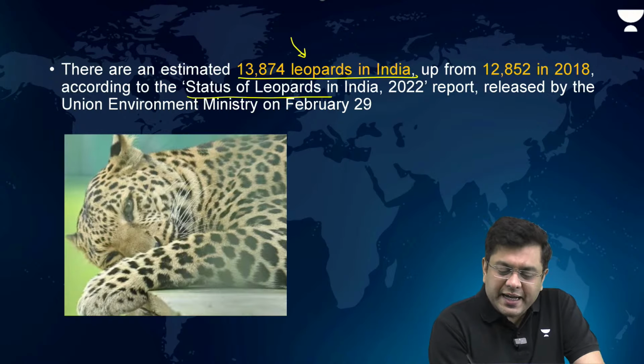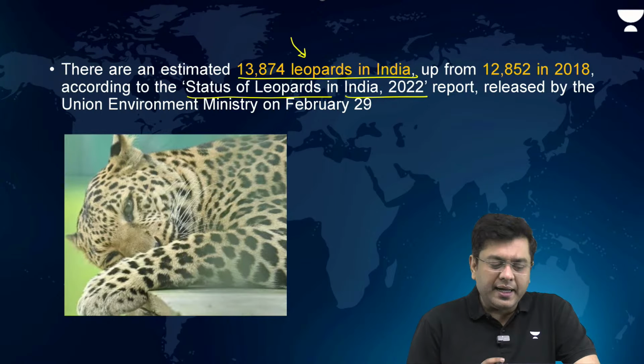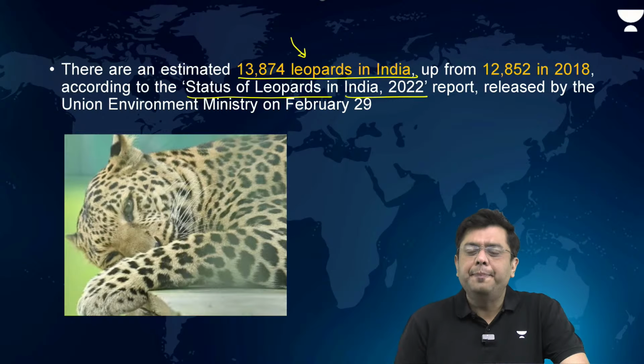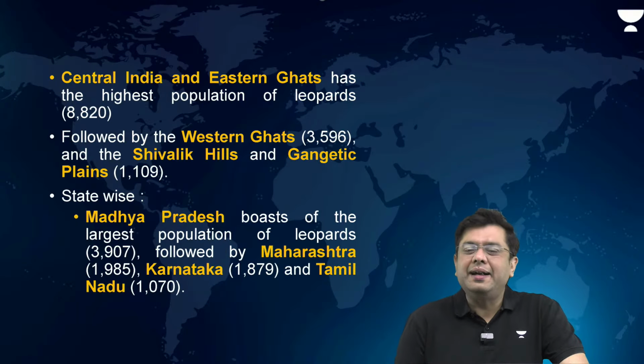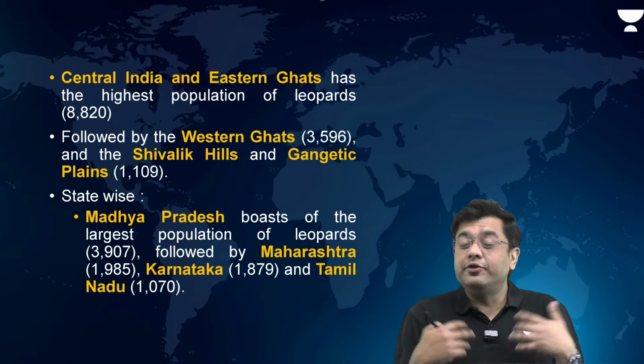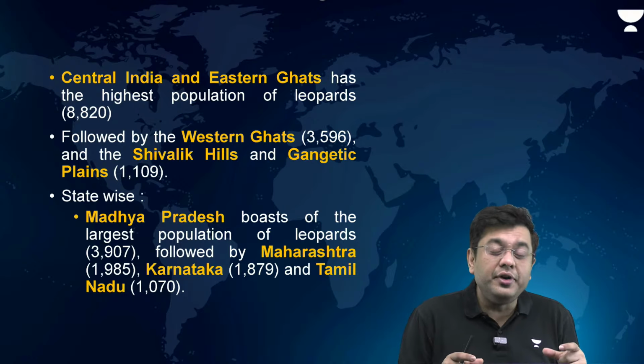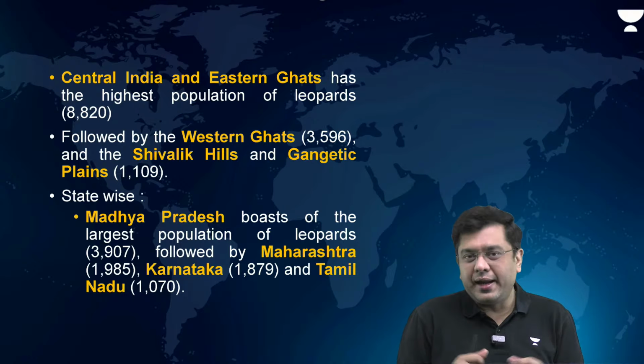So according to the Status of Leopards in India report 2022, there has been an increase. However, when we talk about that increase, it is not a secular increase in the sense that it has not increased uniformly in all different areas. In certain regions, there has been a decline as well.